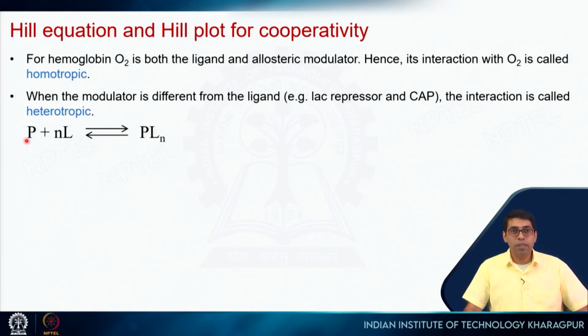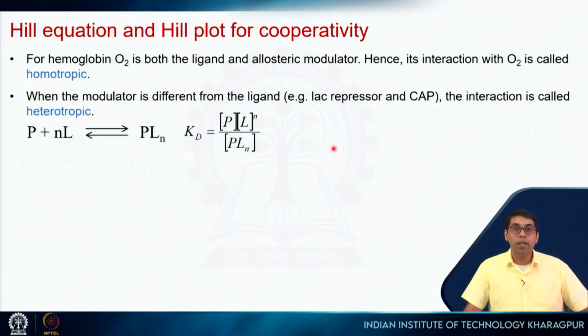And we can represent binding of hemoglobin to multiple oxygen molecules like this. So in this case, N will be 4, right? So hemoglobin plus 4 molecules of oxygen gives you hemoglobin O2 4 complex. You can also divide it into 4 equations. So hemoglobin binds one oxygen, so it will be PL, then another oxygen it will be PL2, then another oxygen it will be PL3, then another oxygen it will be PL4.